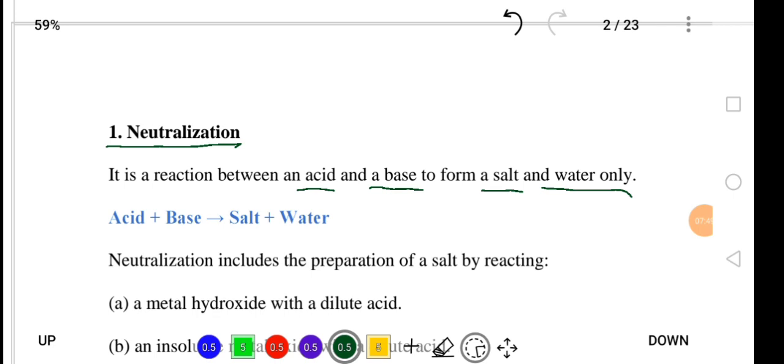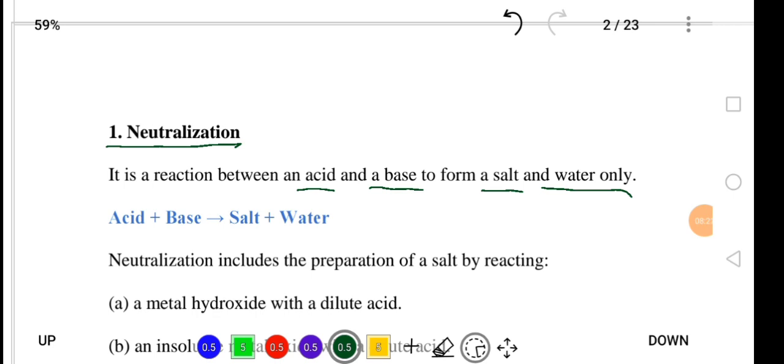Now, we are not going to forget that there are some salts that behave like bases. By that I mean you don't expect us to discuss only bases that are known by their characteristics, but we are also going to look at some of the basic carbonates that are able to react with acids in order to form salts, water, and carbon dioxide.